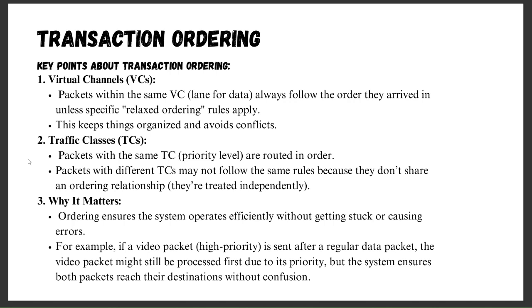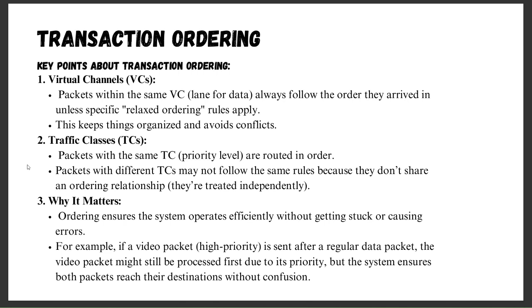Packets within the virtual channel, or the lane for the data, always follow the order they arrived, unless specific relaxed ordering rules are applied. This keeps things organized and avoids conflicts. Next, traffic class.